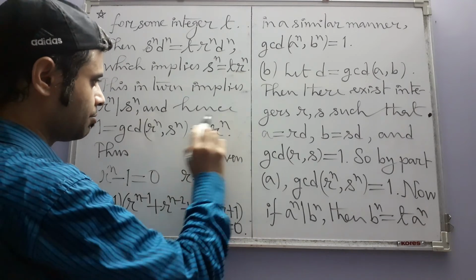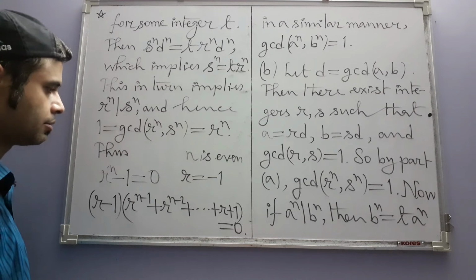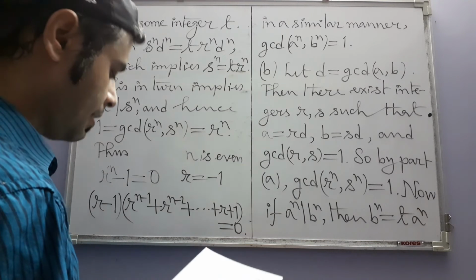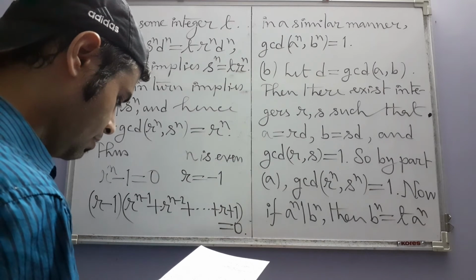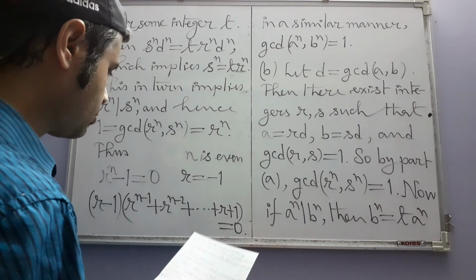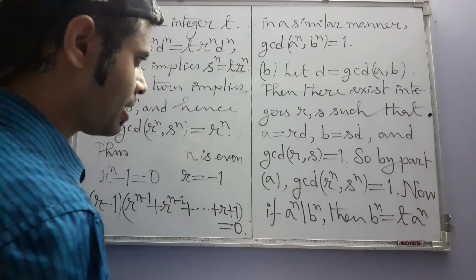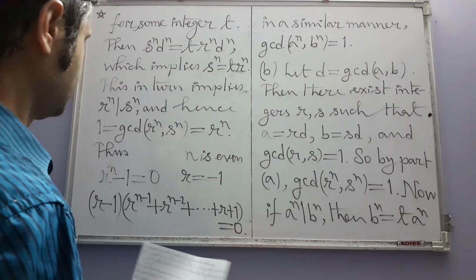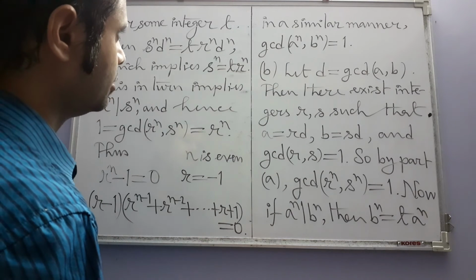Because then r to the power n is still equal to 1, but r is not equal to 1. Now, from this we can of course conclude that r is either plus 1 or minus 1. Now, where is this thing taking us? That is the important thing.